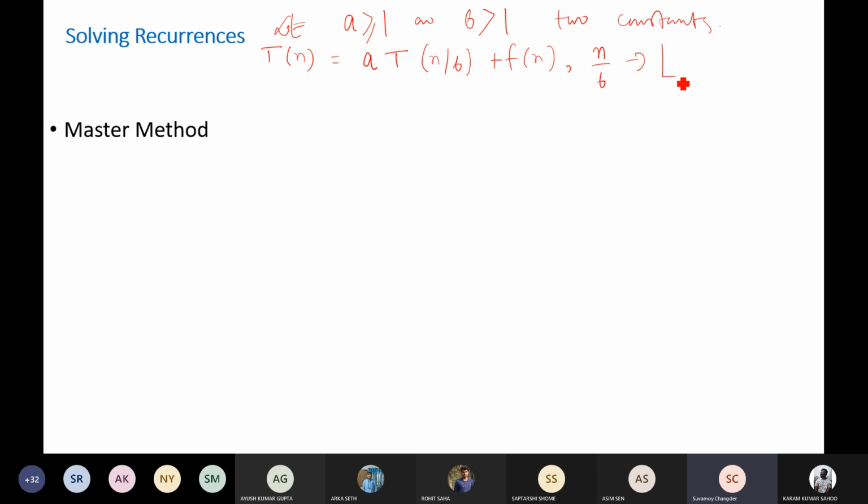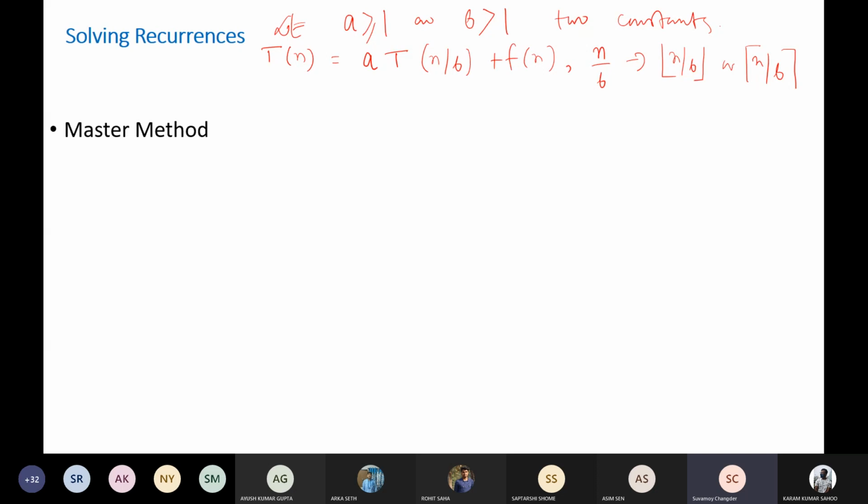as either the floor value of n/b or the ceiling value of n/b, because n may not always be a power of b.